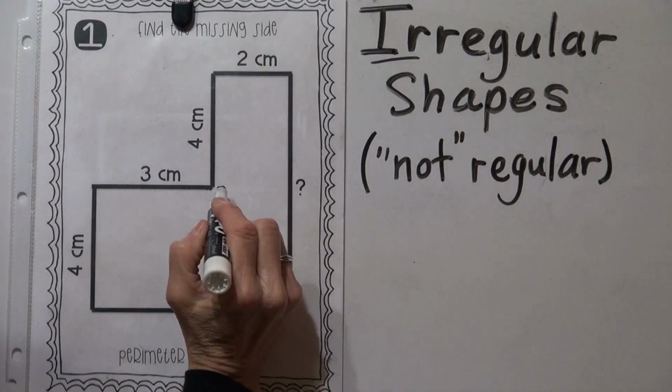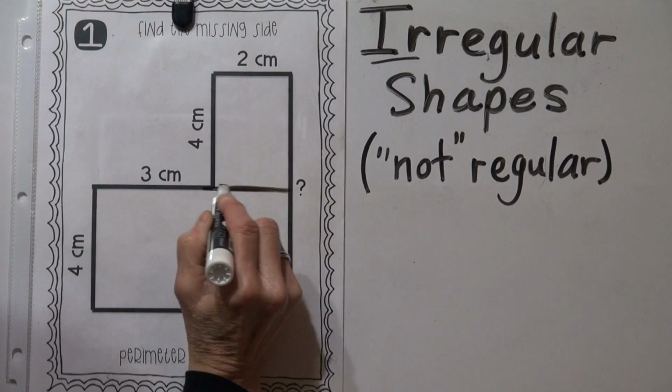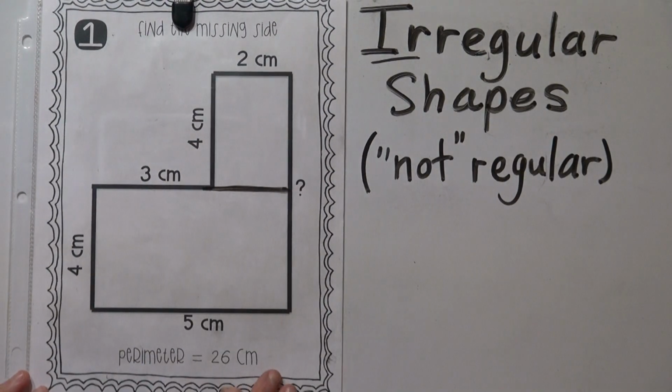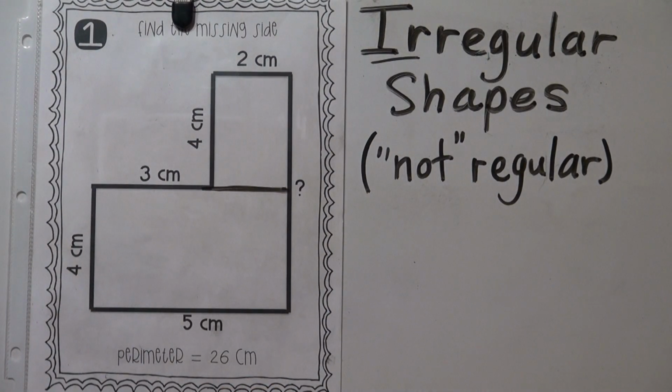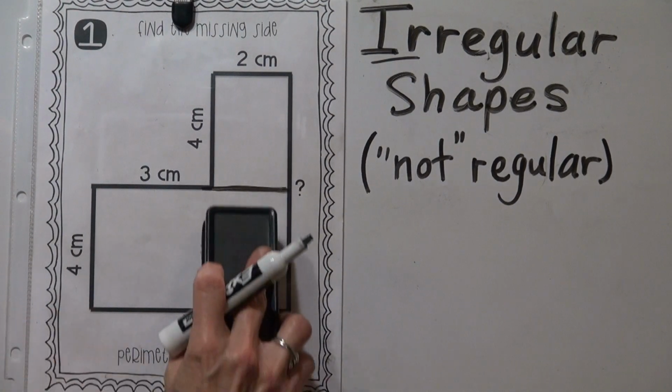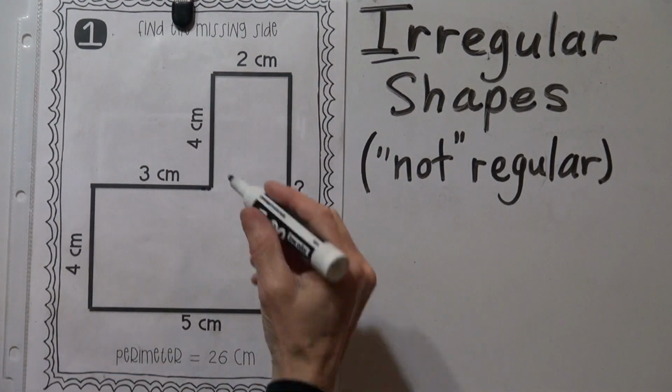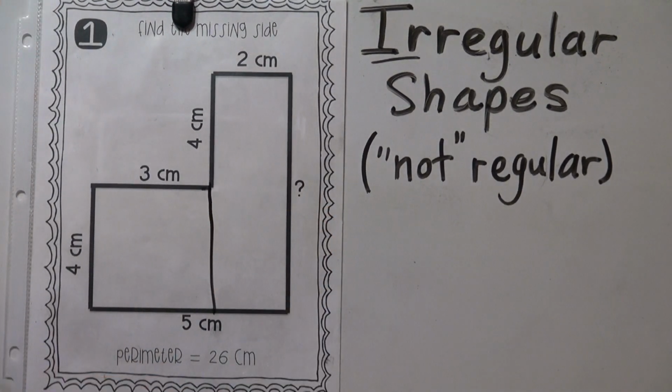We could draw a line this way, and we have a rectangle and a rectangle this way. So that's one way, and you can already start seeing how we're going to be able to find our missing sides. Your other option is you could choose to go this way instead.